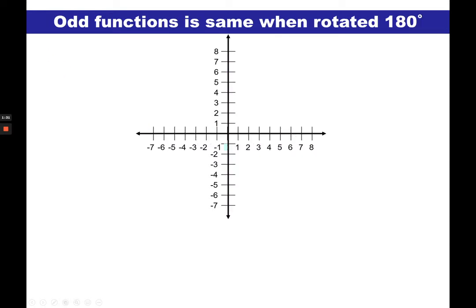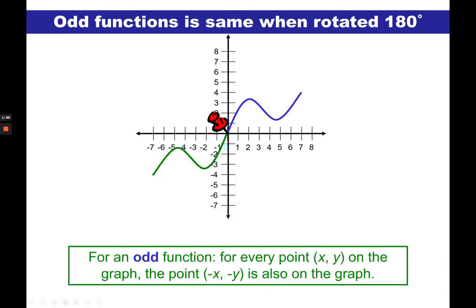Now, an odd function is the same when rotated 180 degrees. Looking at the points, for an odd function, for every point (x, y) on the graph, the point (negative x, negative y) is also on the graph.